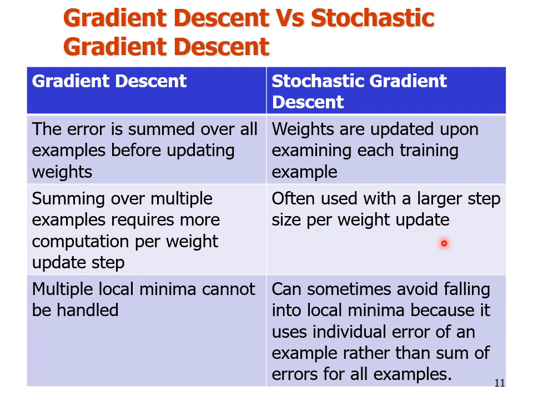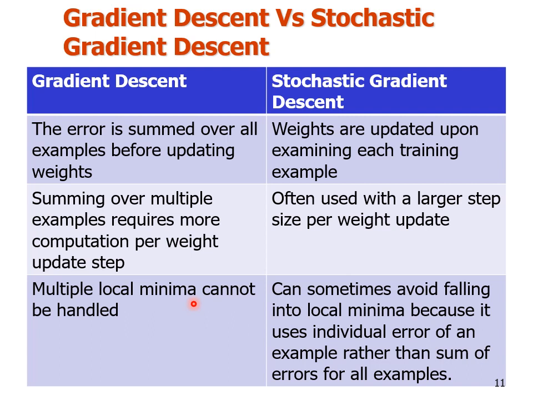The third point of distinction is that gradient descent cannot handle multiple local minima. So when the cost function is convex and has a single minimum, that is a global minimum, the gradient descent algorithm is preferred.